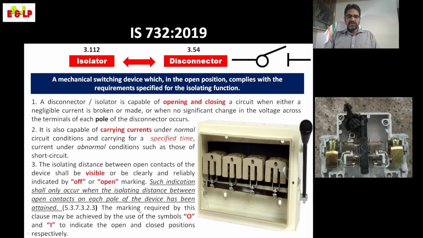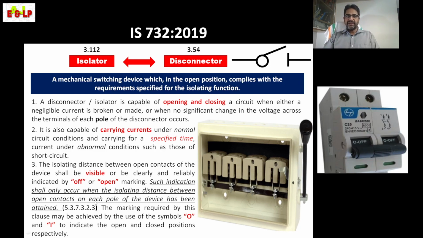Please read this underlined portion. Such indication shall only occur when the isolating distance between open contacts on each pole of the device has been obtained. Means the display of on or off will be coming to our eyes only when the terminals are opened.